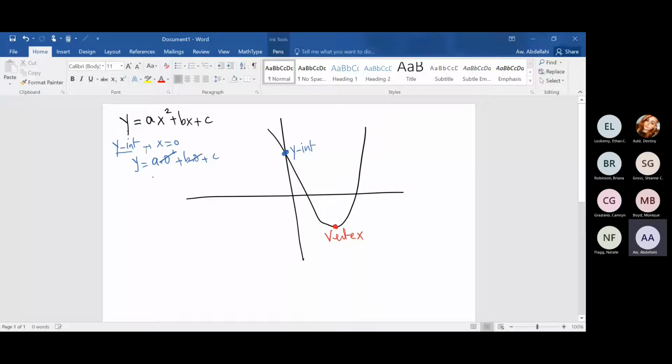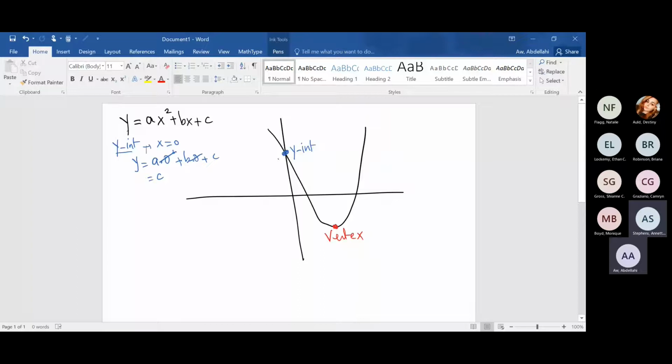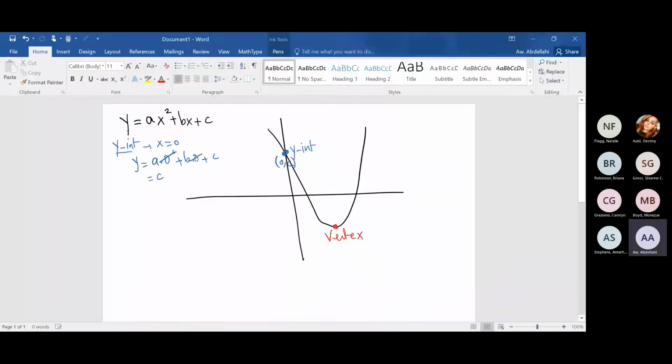That is 0, 0, so y is c. Everybody see that? So the y-intercept is the point (0, c), always. The y-intercept for a parabola is the easiest point to find.